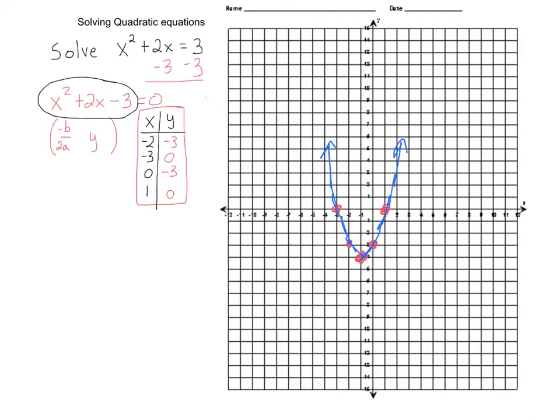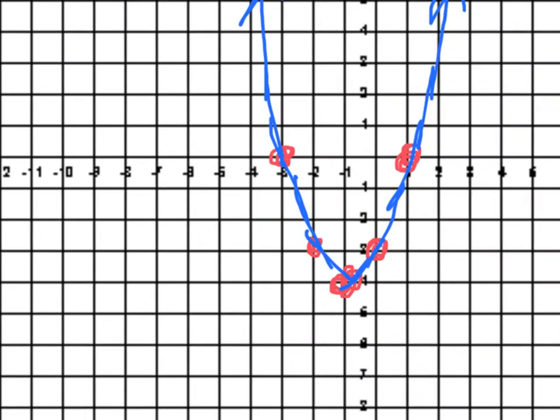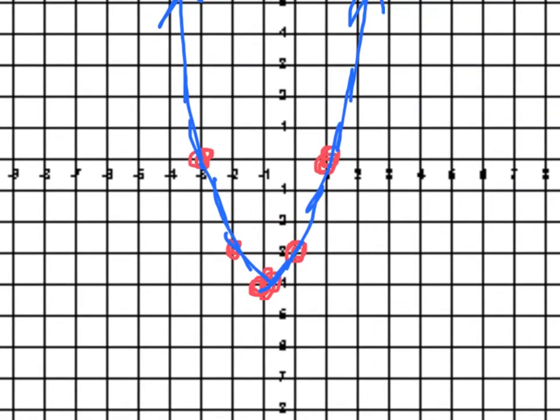Right? Now, we just got done talking. We're trying to solve this quadratic equation right here, aren't we? Right? We said the solution to a quadratic equation by graphing is where the graph touches the what? X-axis. Well, you can see the graph touches the x-axis right here at negative 3, and the graph touches the x-axis right here at 1.